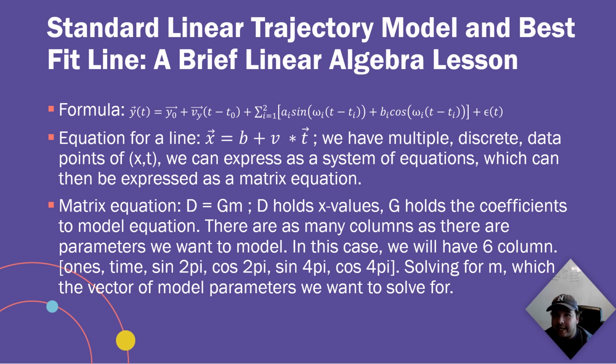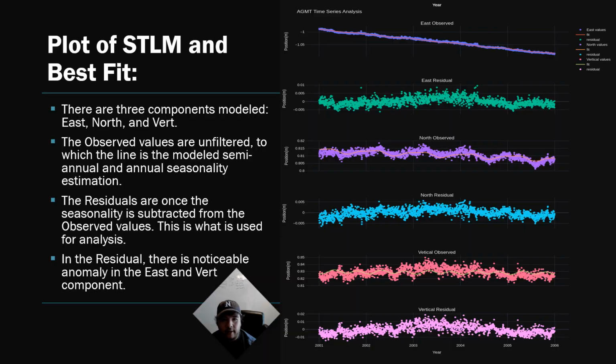We use 2 pi for our annual seasonality, 4 pi for our semi-annual seasonality. And since it's a system of equations, we can model it as matrices, and then we can perform some linear algebra. We have our d equals Gm here, which is a well-known equation, and you'll see the results here.